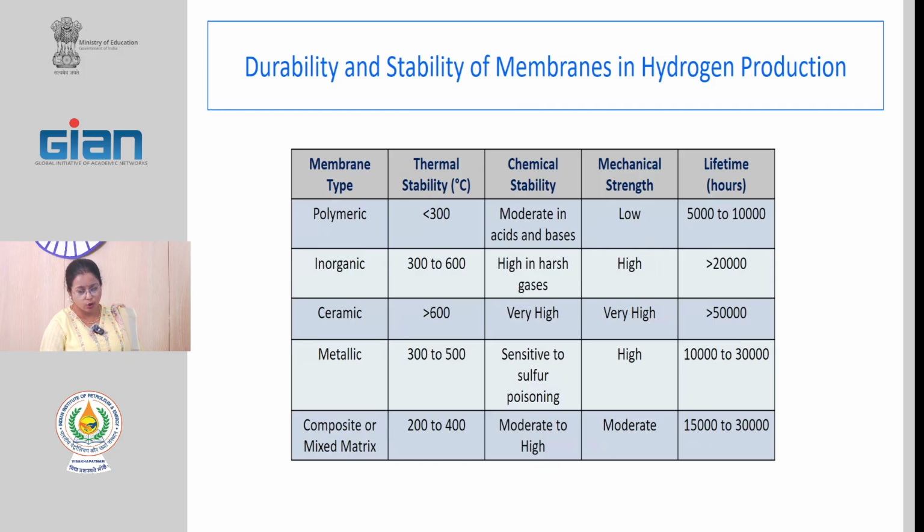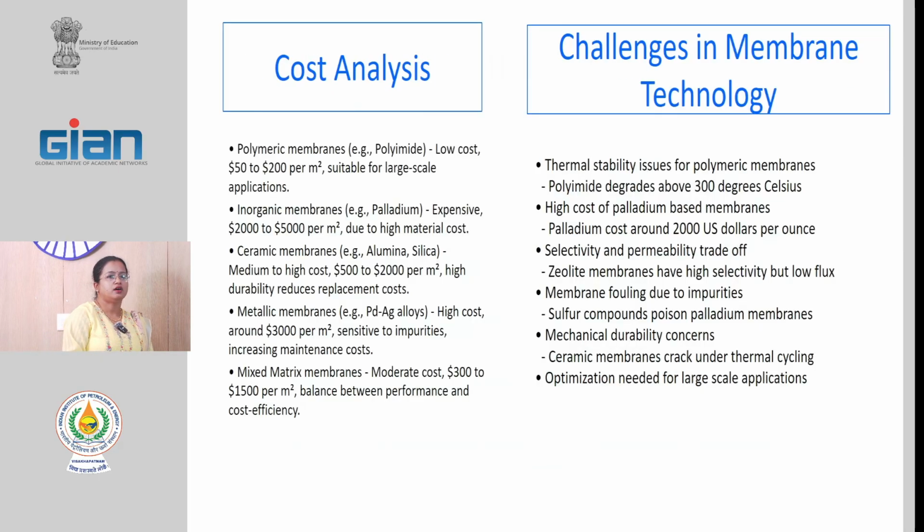Mechanical strength is low for polymeric membranes because they have a more porous structure, and their chemical stability is moderate also. Inorganic membranes should be highly stable in very harsh gases, because they are exposed to very high temperature and very high operation efficiency. But metallic membranes have the drawback that they are highly sensitive to sulfur content, which is not a good sign for mixed gas separation.